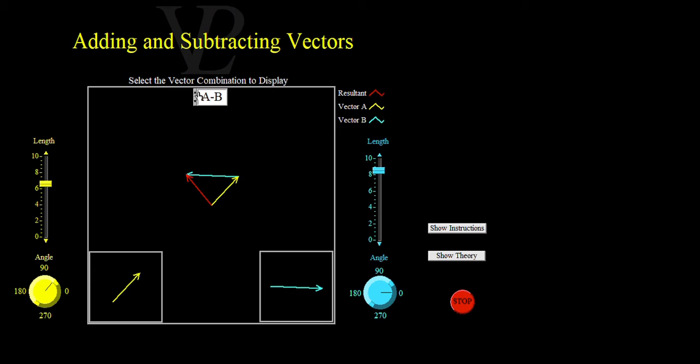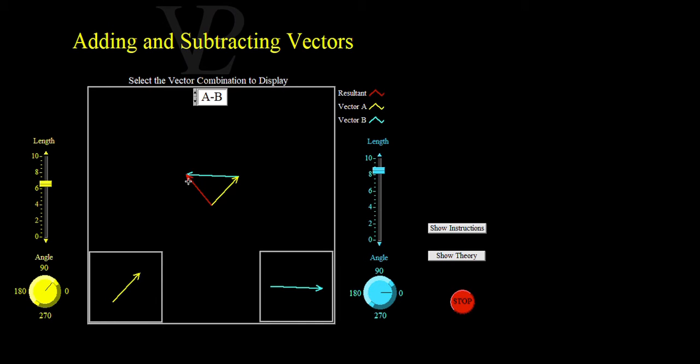There's A minus B. So there's A. B runs from left to right. So there's A minus B, so there's a right to left vector with the same angle and the same magnitude, but in the opposite direction.